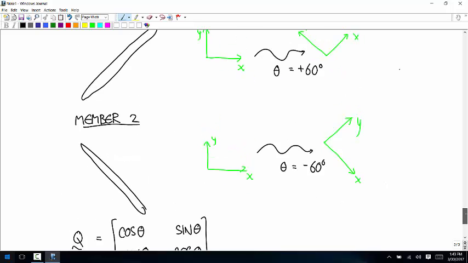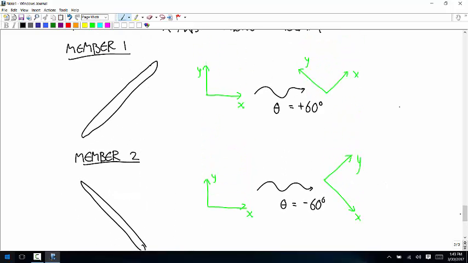So look back at these two pictures. If you didn't think of it as going from this coordinate system to this one, instead you thought of taking the member and flattening it down horizontal, you would get that angle backwards. That would look like an angle of negative 60 degrees. Same thing here. If you thought of this as trying to tip it up to be horizontal, you'd think this was positive 60 degrees. So you always have to think of the coordinate system.